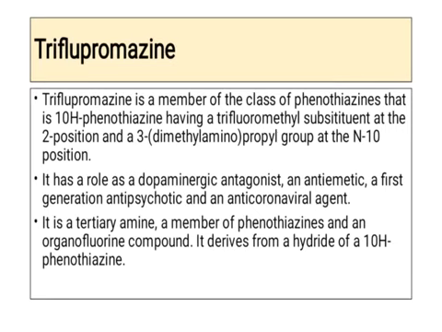Okay, so it is a member of phenothiazine having a trifluoromethyl group instead of chlorine. It is a better D2 receptor antagonist, and it also has anti-emetic activity. It is a first generation antipsychotic agent.